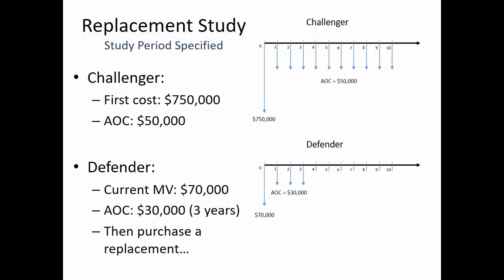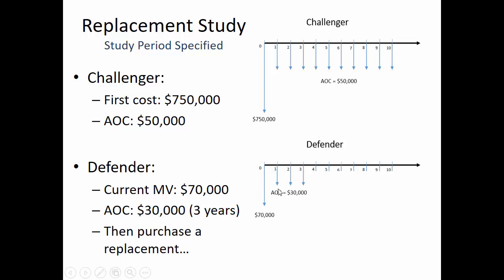Okay, so in the example we're looking at today, here's a cash flow diagram that illustrates the 2 alternatives. Our Defender is only going to last for 3 years. Its current market value of $70,000 means that if we keep the Defender, it's as though we're incurring an expense of $70,000, because if we keep it, that means we can't sell it. That's why in the cash flow diagram, the current market value is shown as an outflow.